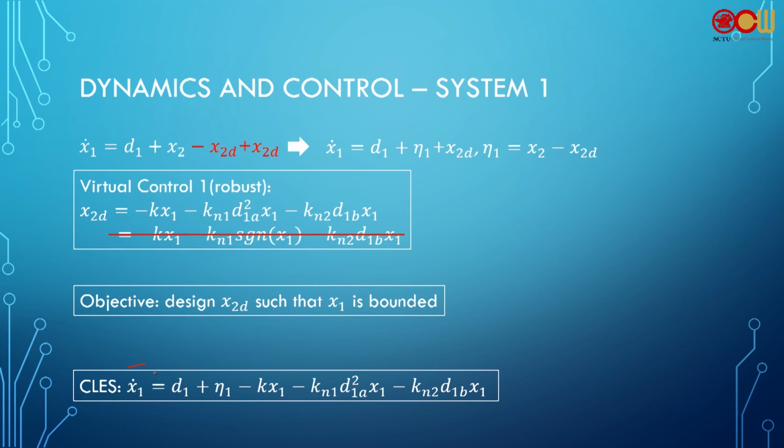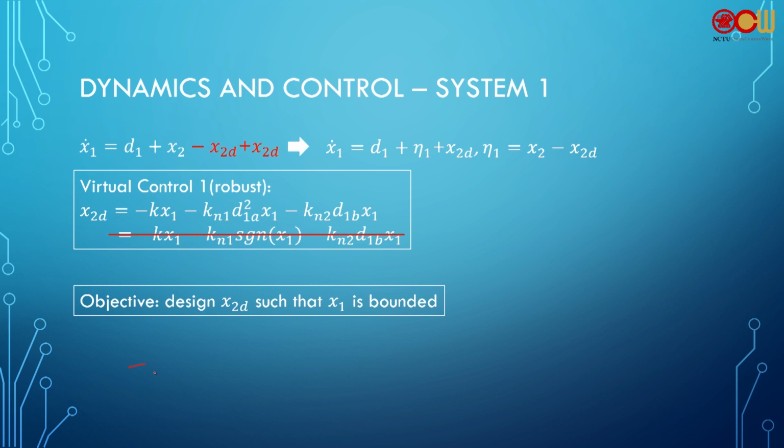But what is x2d dot? It's from the first system. It is the time derivative of the virtual control 1. And here we say you can design x2d as high gain, or the second option, high frequency.